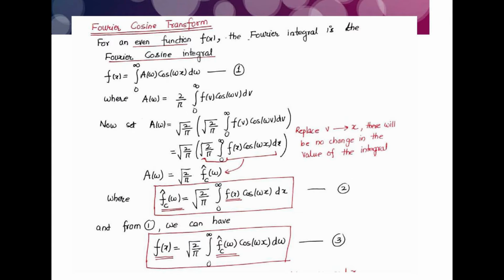So now a w can be written as square root 2 upon pi times f cap c of w. Now we use this and we can rewrite the Fourier integral, that is the Fourier cosine integral given by 1, and finally we have equation number 3: f of x is root 2 upon pi, integral from 0 to infinity of f cap c w cos of wx dw.